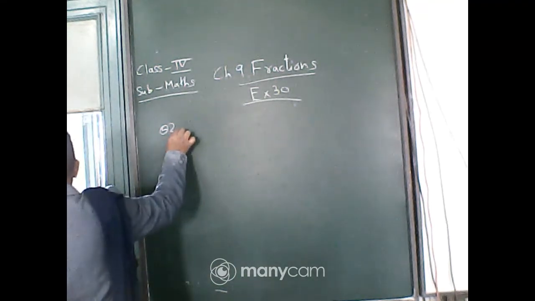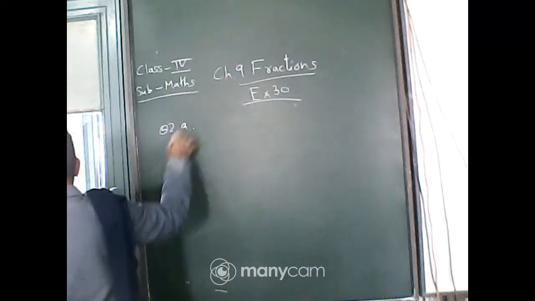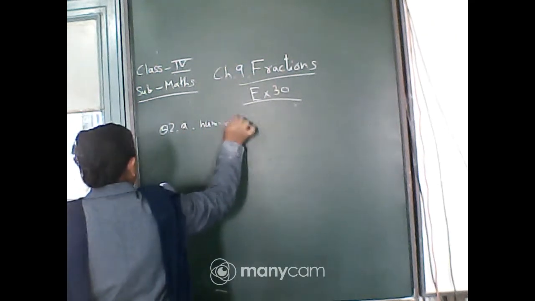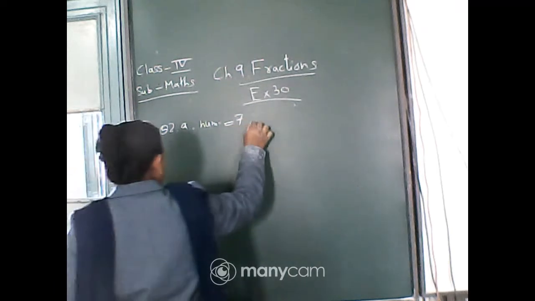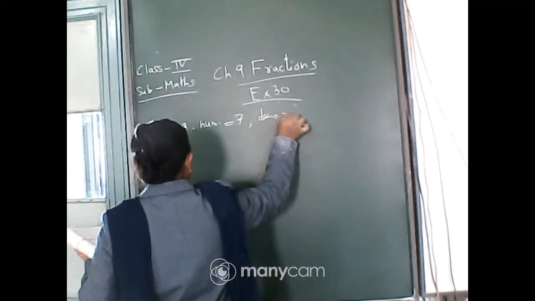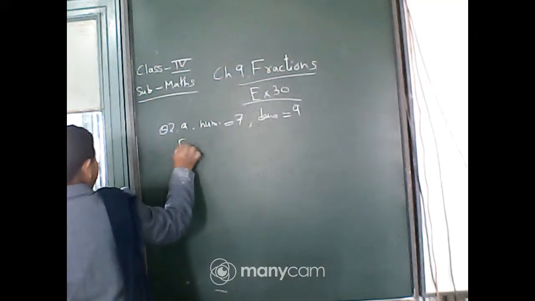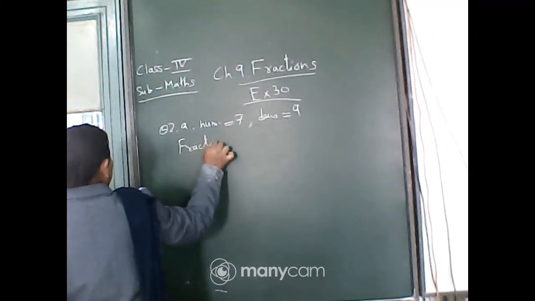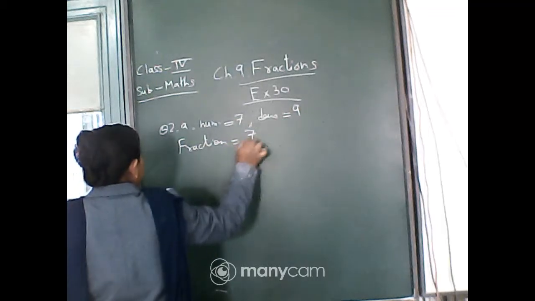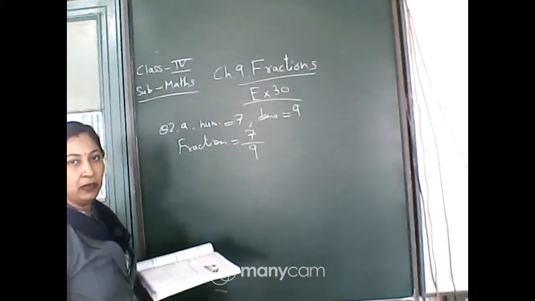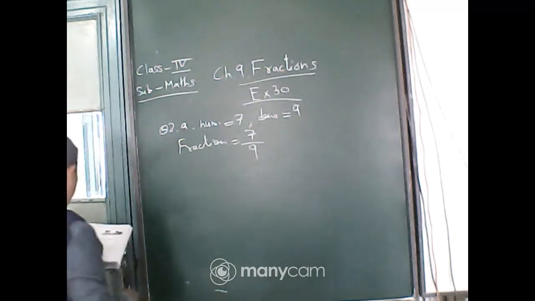Question number 2, number A. The numerator is given 7, I am writing in short, and the denominator is given 9. So the fraction will be, numerator is given 7, denominator is given 9, so the fraction is 7 by 9. Okay, the fraction is 7 by 9.